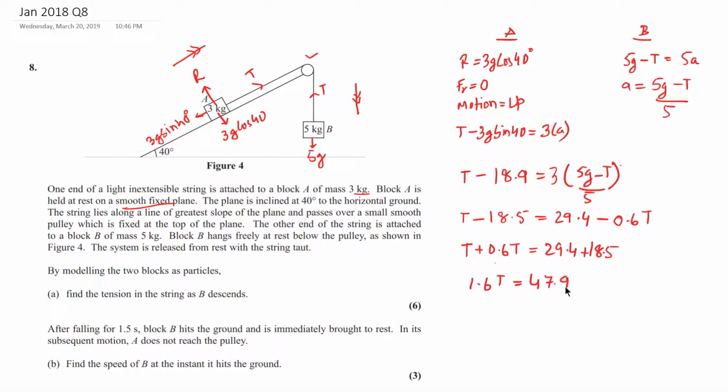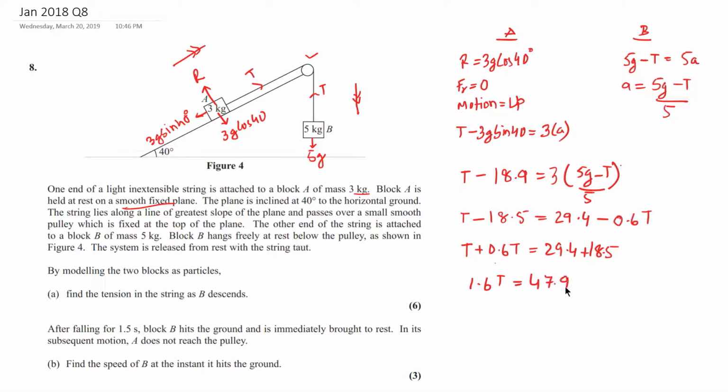Before B hits the ground, we knew that u was 0 meters per second, a was 3.8 meters per second squared, t was 1.5 seconds, and v was 5.7 meters per second. So before B hits the ground, we need to know how far B descends. We can use the formula s equals ut plus half at squared.